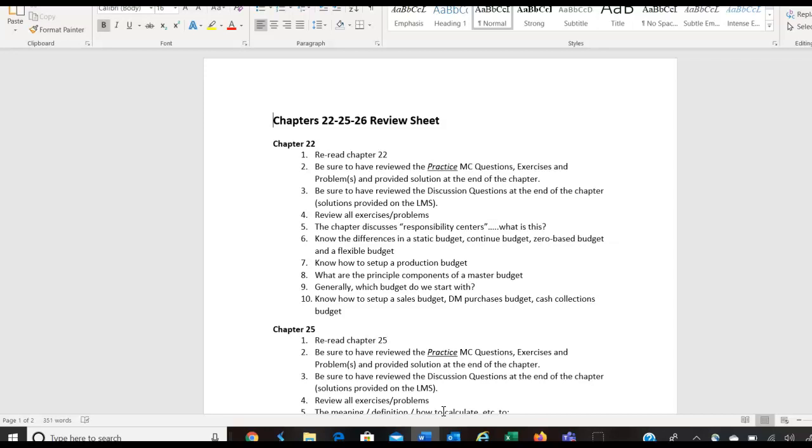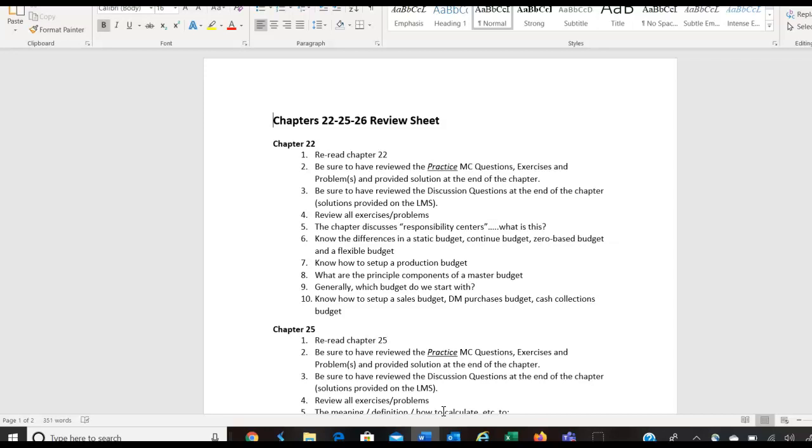And then the cash collections budget, make sure you look at Exhibit 17 on page 1117. On that cash collections budget, I would also review exercises 17 and 19. 19 is cash payments, but they run the same way. So look at 17 and 19.